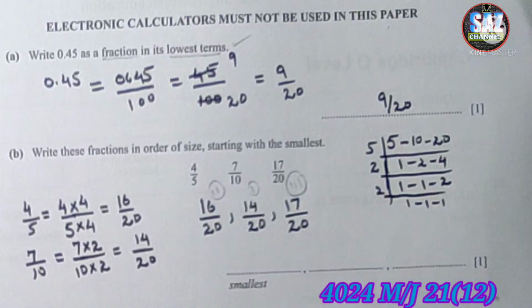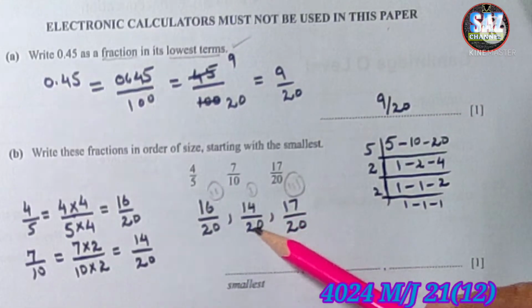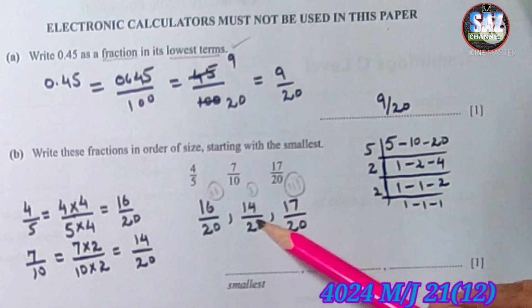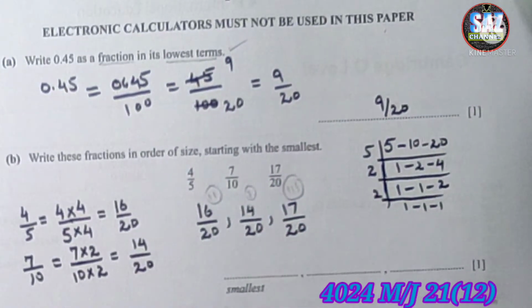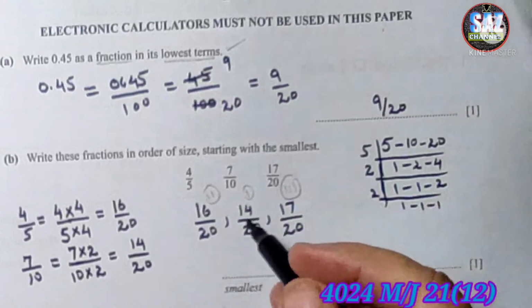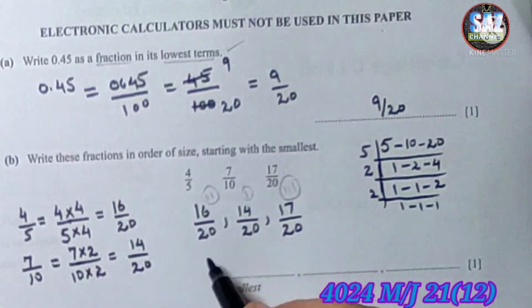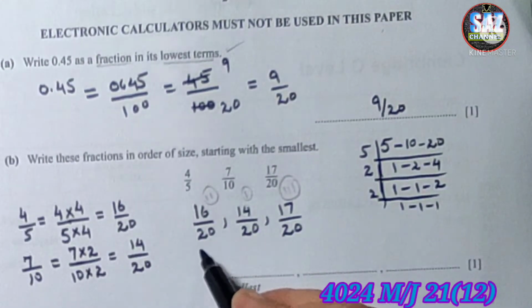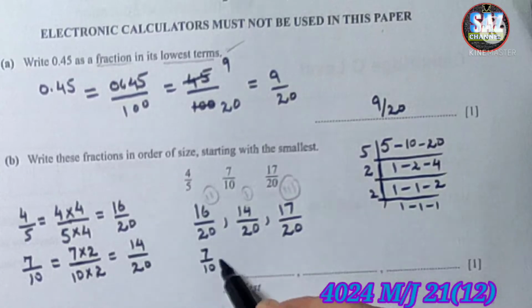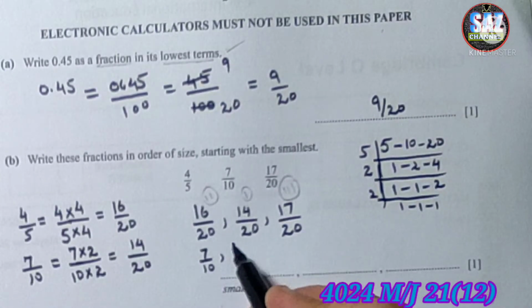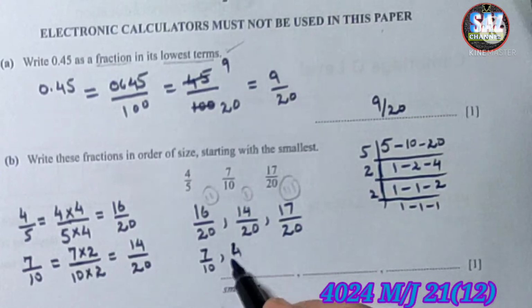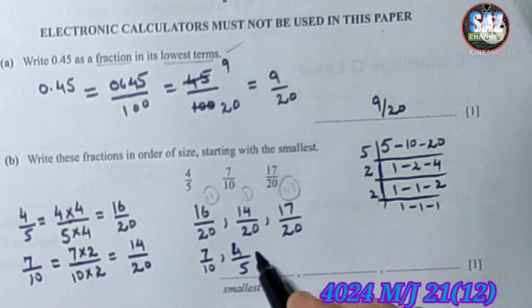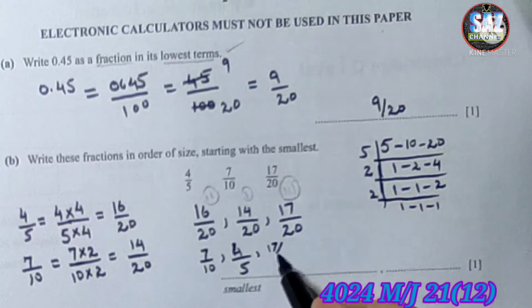So 14 by 20 is the form for 7 by 10. So the ordering will be 7 by 10, and then 16 by 20 is for 4 by 5, and then the last one is 17 by 20.